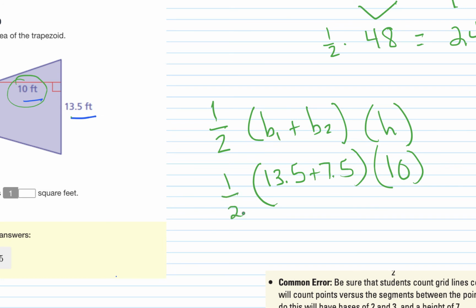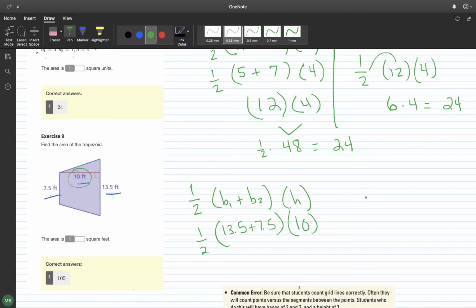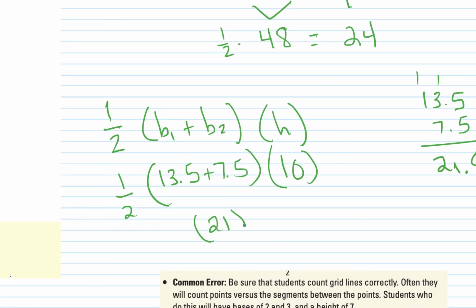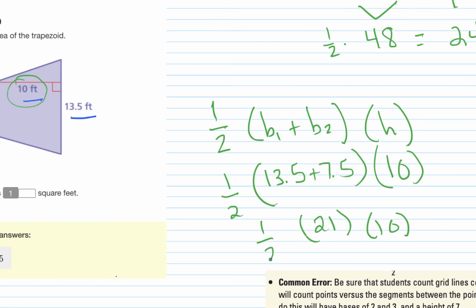And then I'll bring down my 1/2. So 13.5 plus 7.5, if you need to, just go ahead and go 21. I'm gonna bring everything down. And I can see what I have to do here.